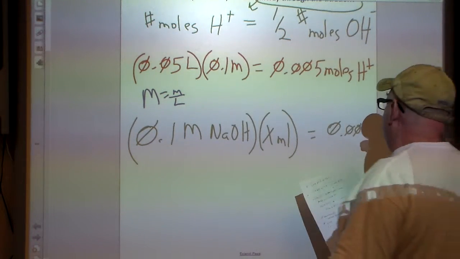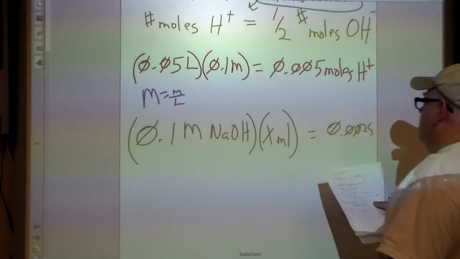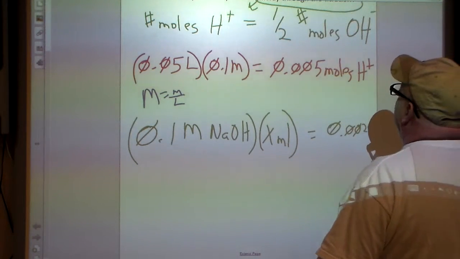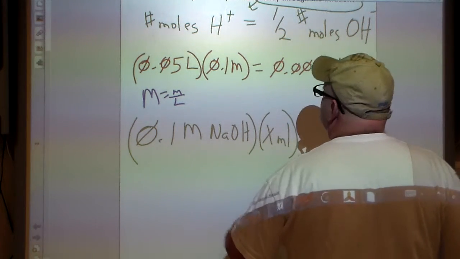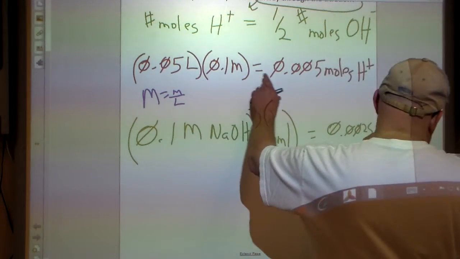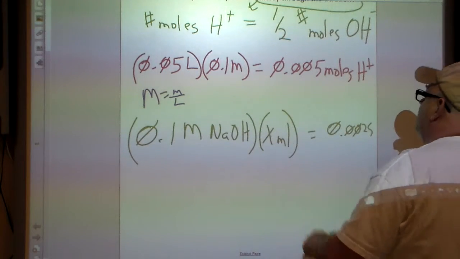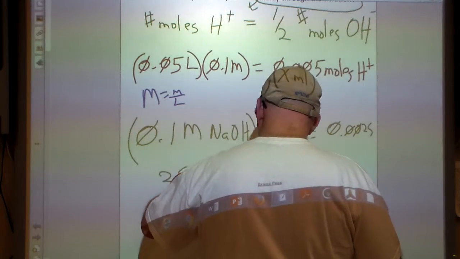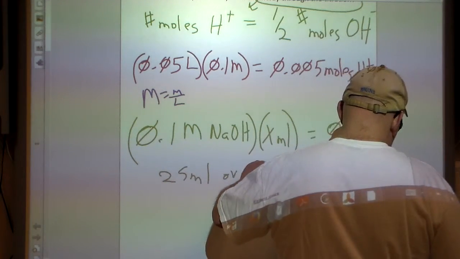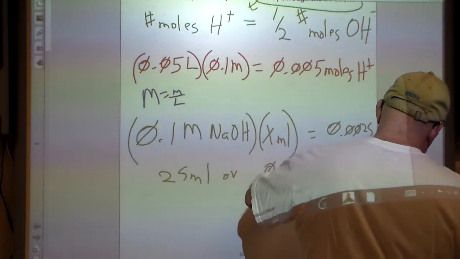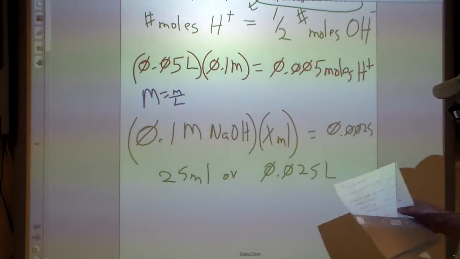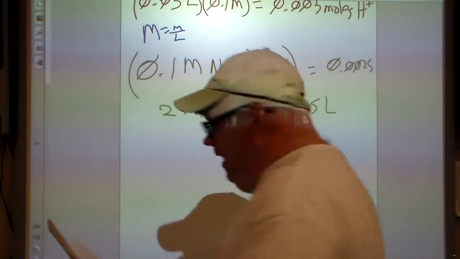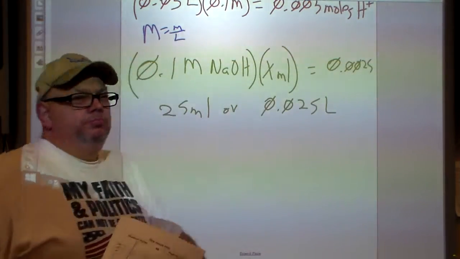So we can figure out that our volume is going to be 0.025. Okay, let me double check here. Got everything. I'm just double checking my stuff here. Okay. So we need about 25 milliliters of this stuff, or 0.025 liters. So that's how much base we're going to need.